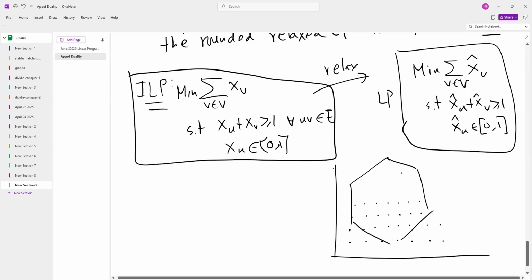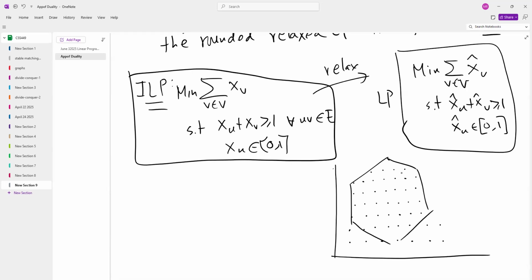So it's feasible, but I also have the additional constraint that my variables can only be integers, which means I can only choose these types of points at a certain distance from each other. So when I'm solving the ILP, I can only choose from these grid points, or lattice points, and across all of them I have to find the minimum grid point, and that will be the solution to that ILP.